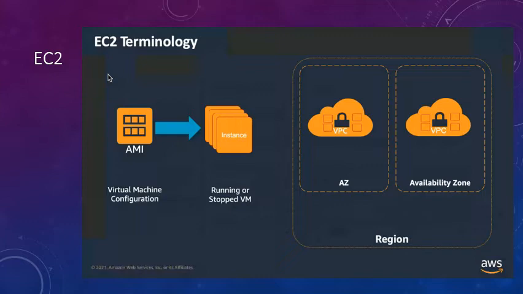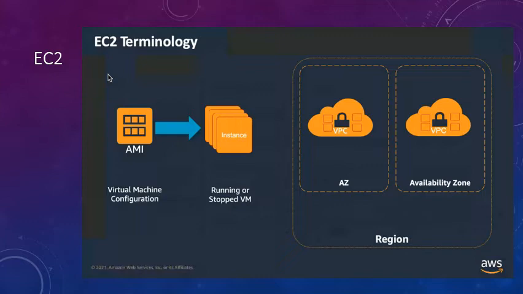The machine image is what's used to create an instance. So when you create an instance, you select which machine image you want to use. The machine image might be a Linux or a Windows image. It might have more CPU or less CPU, more RAM or less RAM, and so on. So you use an AMI to create any instance.